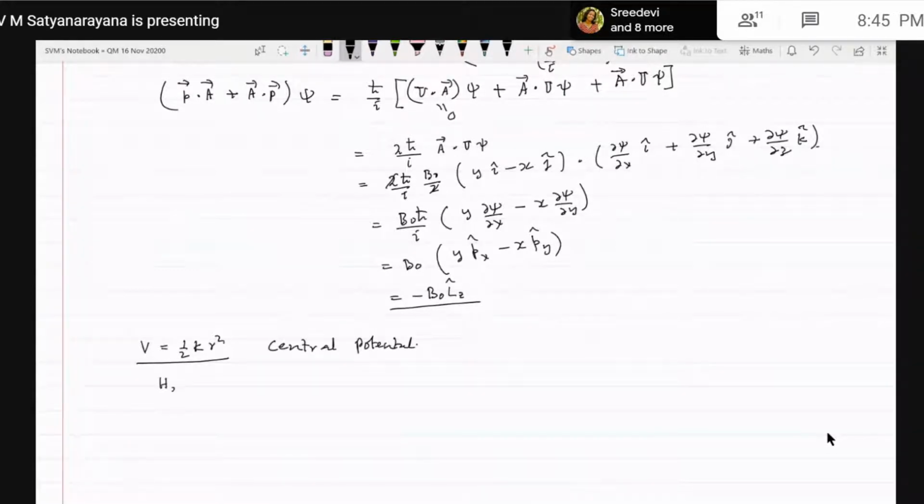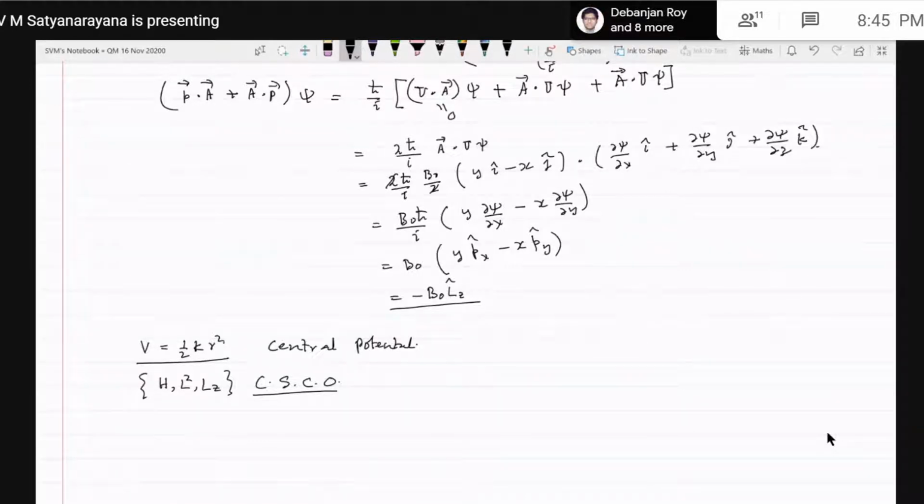So the Hamiltonian, L square, and Lz, these three things will form a complete set of compatible observables. So we can work with this. Already it is given that it is a spin zero particle, so these three will be a complete set.